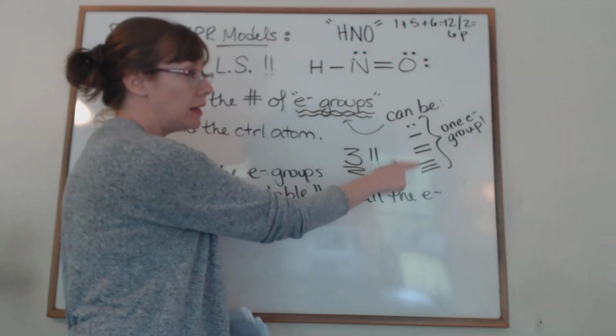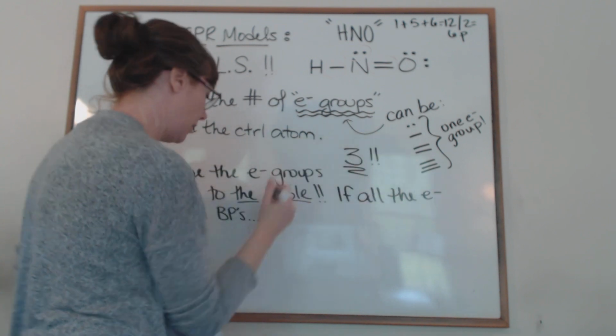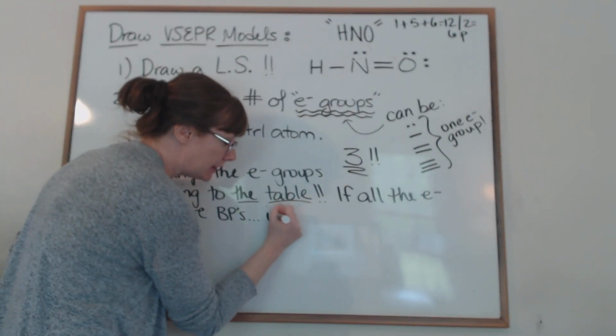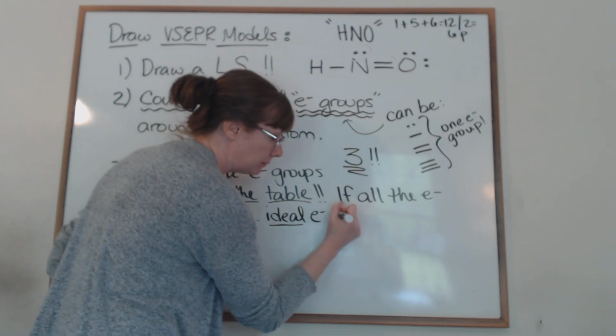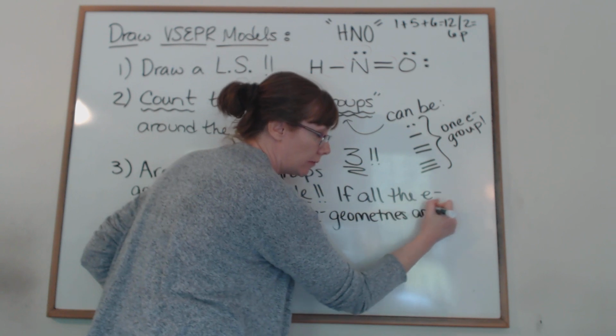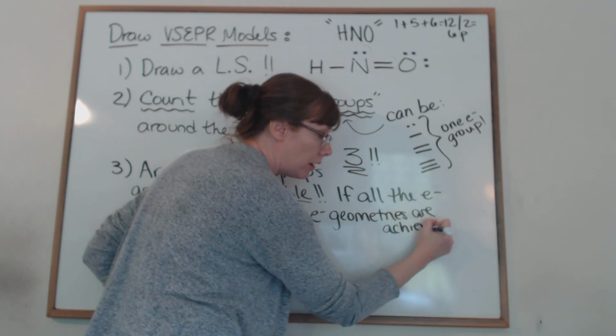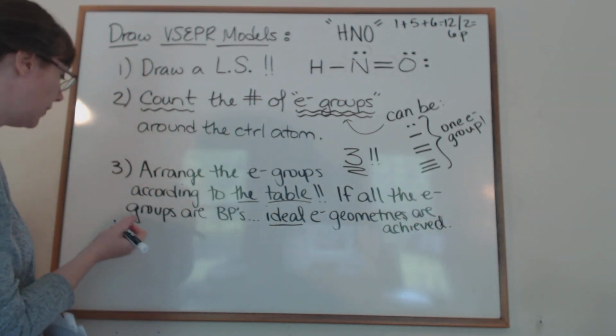So if they're all bonding pairs, in other words, if they're not lone pairs, then what we can say is that the ideal electron geometries are achieved. And that part we will have to explain with a little bit more examples, but just write that in your notes for now.